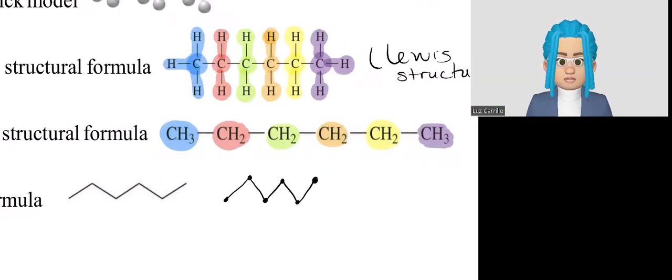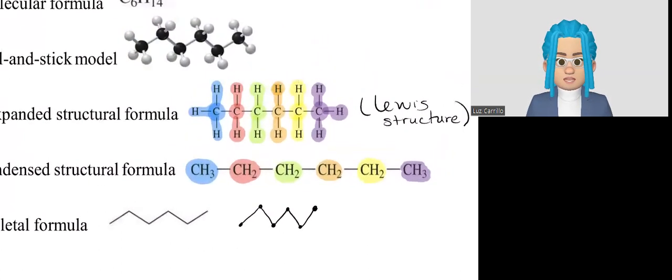Now, the reason why we create hills and valleys is essentially because if we relate it to the ball and stick model, the skeletal structure is illustrating the 109-degree angles that exist between the atoms for a tetrahedral molecule.